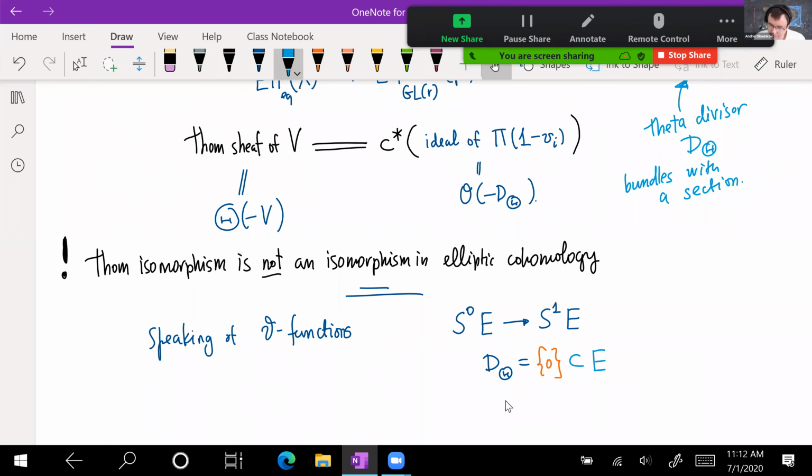So O of d theta has one section, which is just the constant function. So O goes to O of this d theta, and this has a unique section. So this is a constant section, or maybe a tautological section.